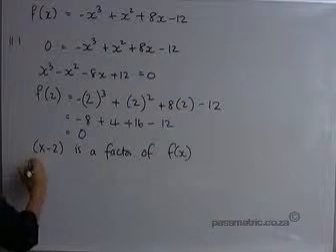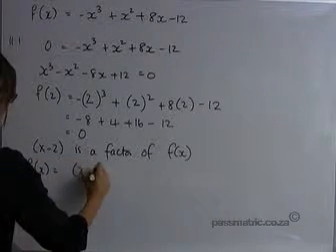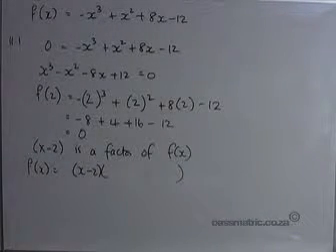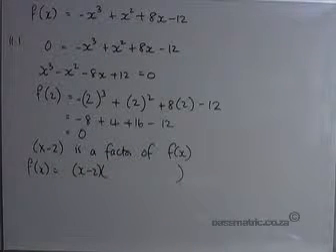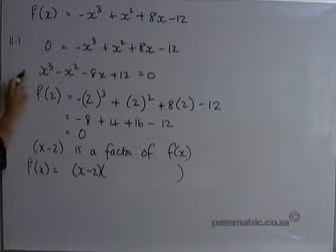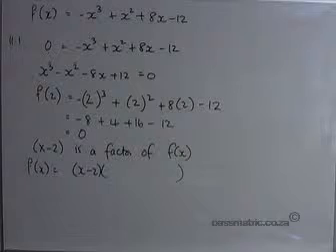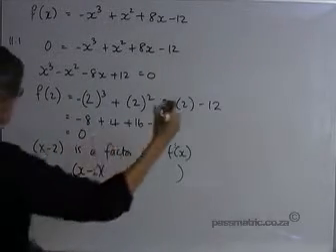So I can write f of x equal to x minus 2 times a second bracket. Now, to establish this second bracket, we need to work out by inspection what we're looking for. So I'm now going to use this equation to work out what that second bracket is going to be, and we'll write that up on the right-hand side there.